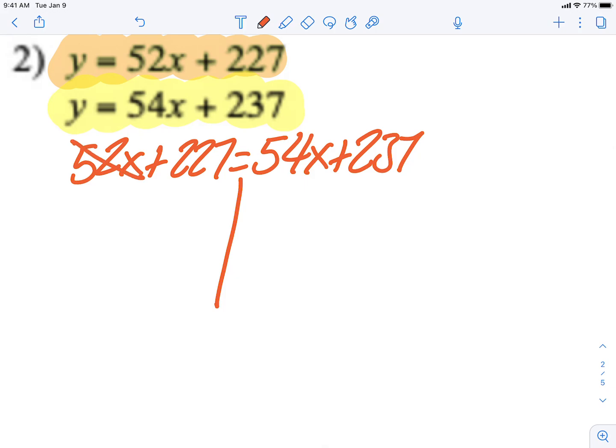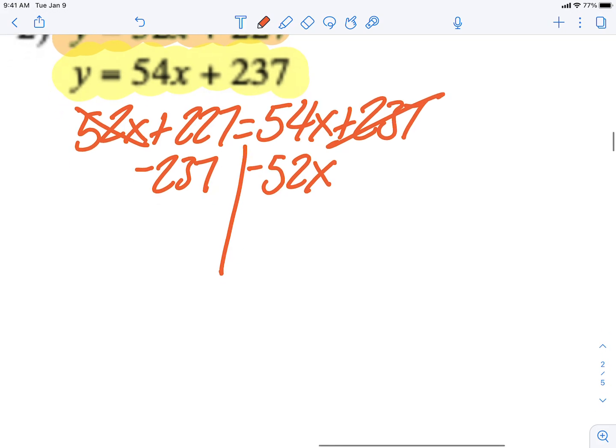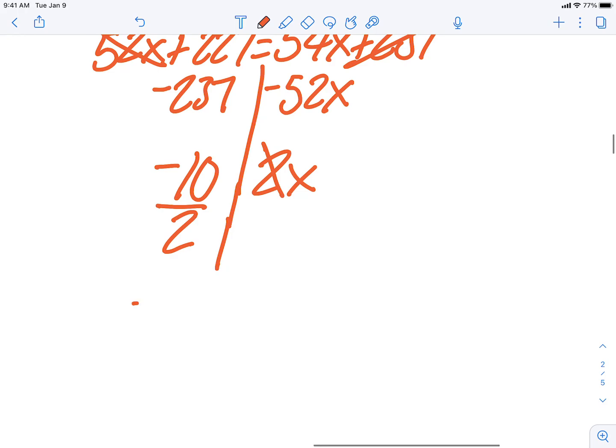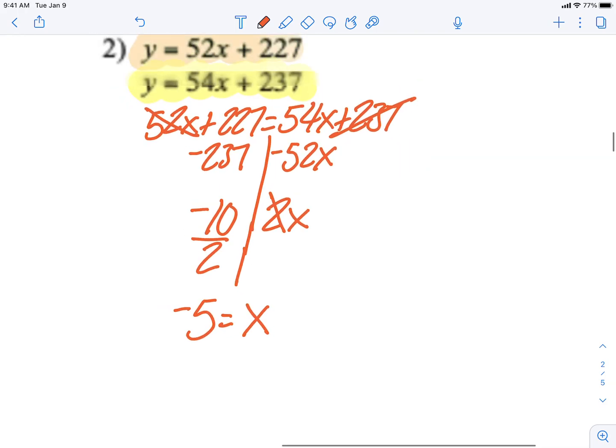So I'm going to bring my 52x over and make it minus 52x. That means I'm going to bring my 237 over and make it minus 237. So with these two, I'm left with negative 10. And 54x minus 52x is 2x. The opposite of multiplying by 2 is dividing by 2. So I get negative 5 is equal to x, right?